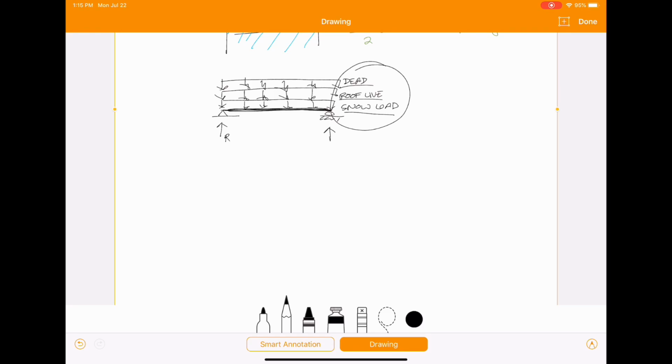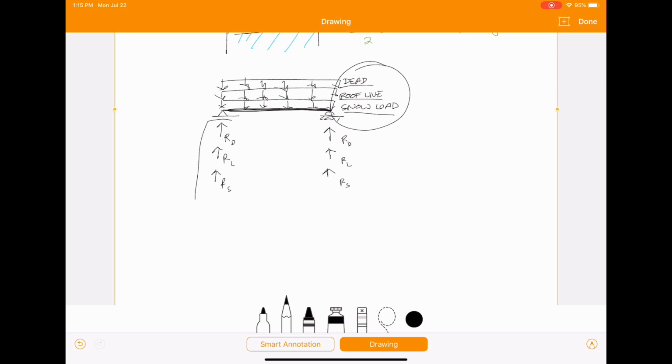You're going to have reaction 1, reaction 2, and reaction 3. Now the loading on this beam is uniform, so we know that the reactions on both sides are going to equal each other. So this is going to be a reaction for dead load, reaction for live load, and reaction for snow load. And again, it's the same on this side.